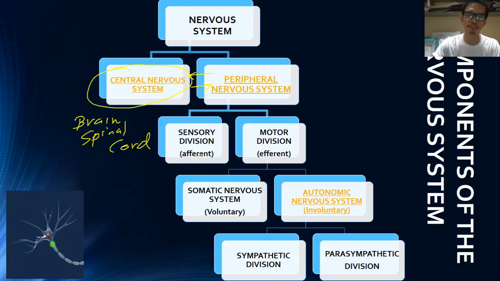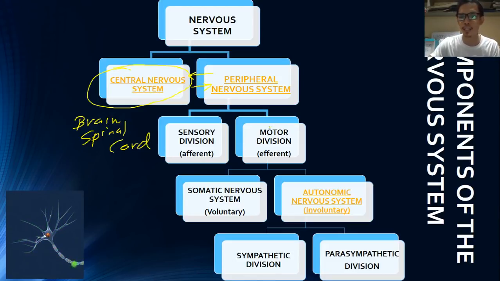Those are the sensory organs that are under the sensory division. And the sensory division is the one that gathers information from the environment due to sensory neurons, which are very sensitive to every stimulus that the sense organ will encounter.